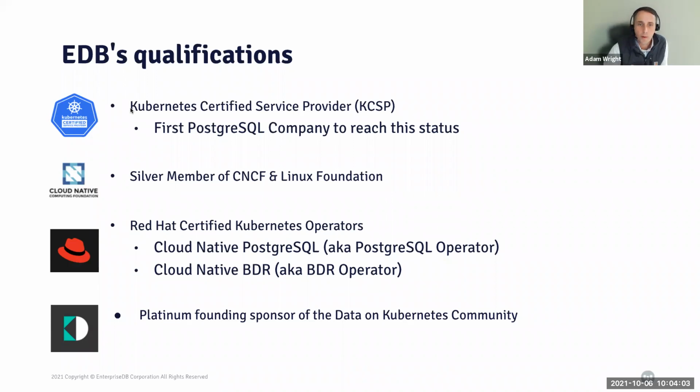We are a silver member of the CNCF and Linux Foundation. Just a couple of months ago at KubeCon Europe, the developers gave 10 presentations in 4 days. Our operators are certified through Red Hat for running on OpenShift, so OpenShift certified operators.